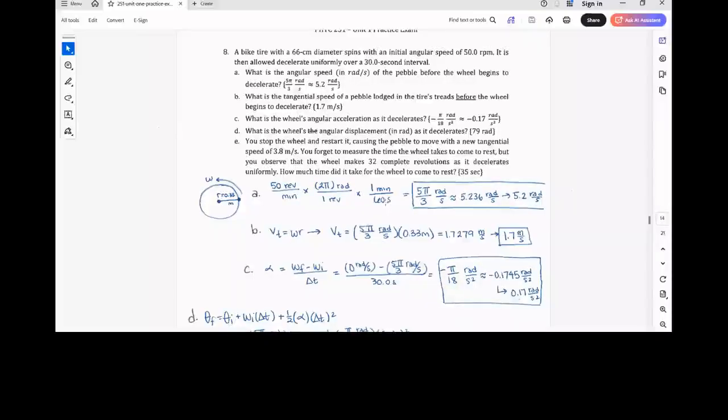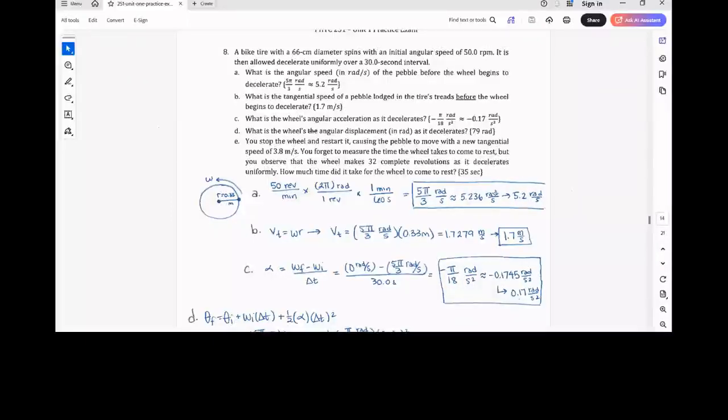But I know that each minute has 60 seconds, so everything except for the radian and the second in the statement is going to cancel. Revolutions cancels here, minutes cancel there. And what we end up with is 100 pi over 60, so I can call that 5 pi over 3 radian per second. Or if you want to approximate that as a decimal, that's about 5.2 radian per second.